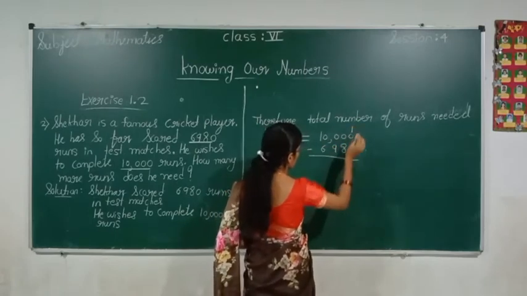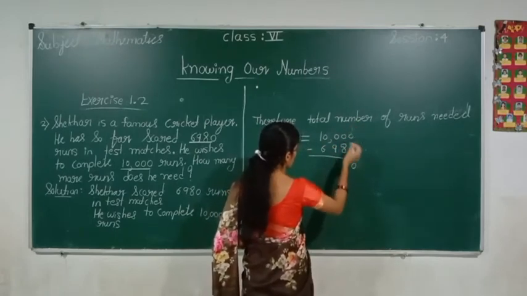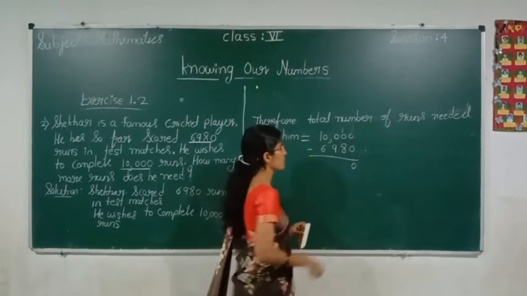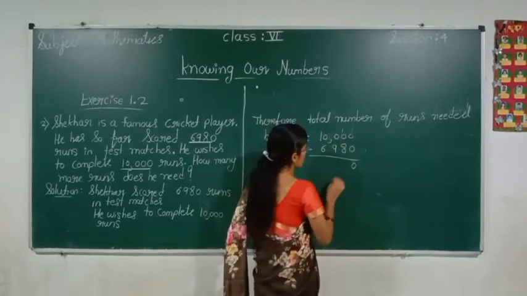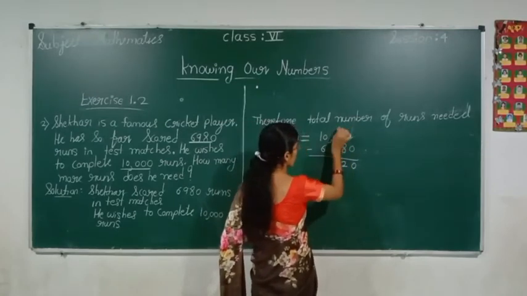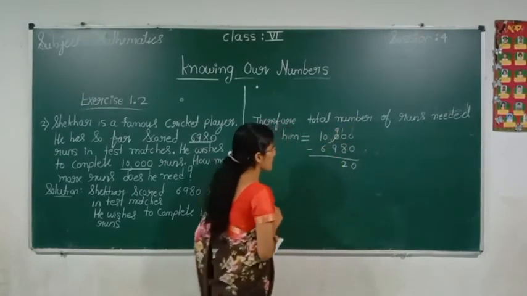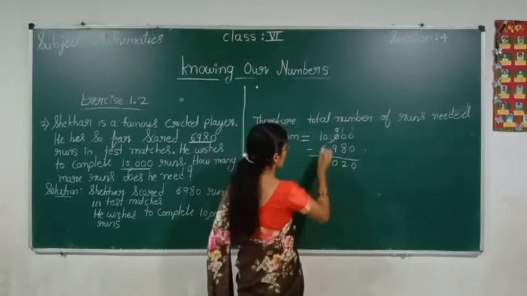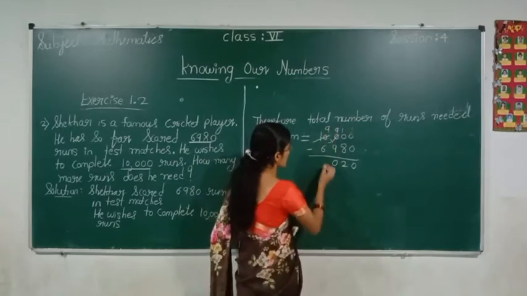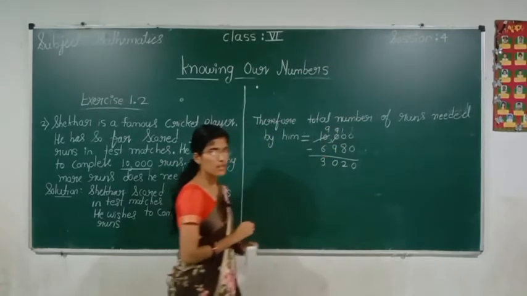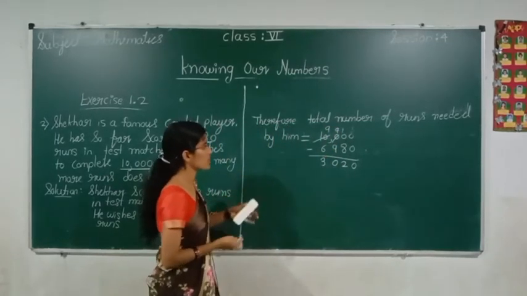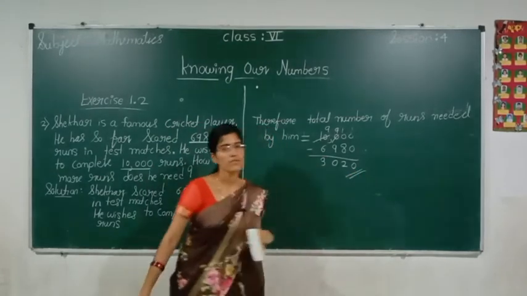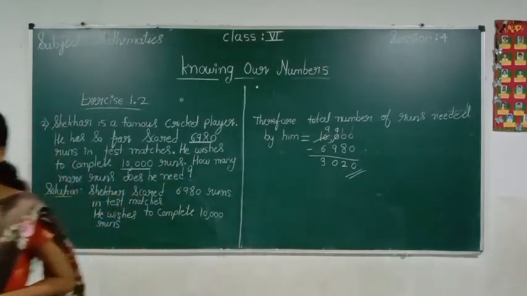See, 0 minus 0 is 0, 10 here, 0 is there, we will take carry, we will borrow. 10 minus 8 is 2, 8 will become 9, 9 minus 9 is 0, again it will become 9, 9 minus 6 is 3. Yes, therefore the total number of runs needed by him is 3020. Okay, we will see the next question.